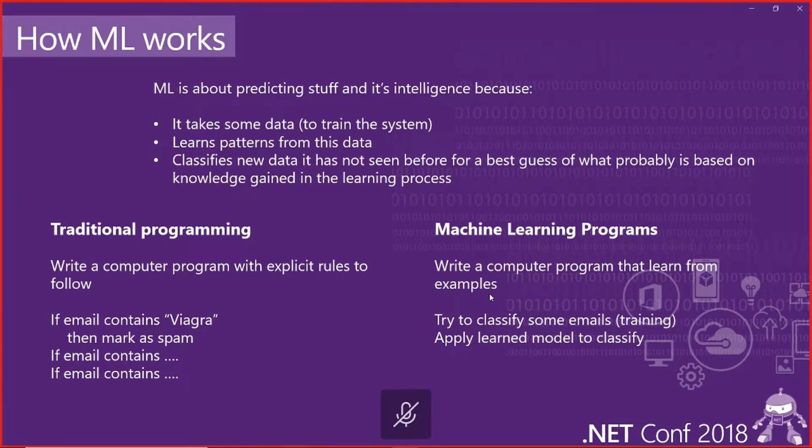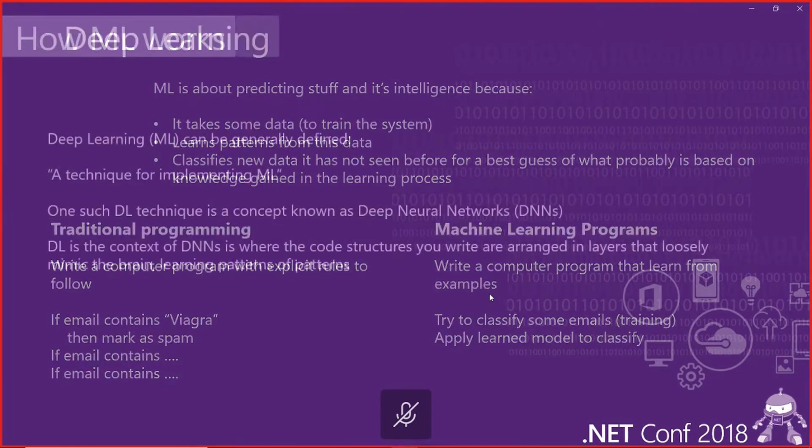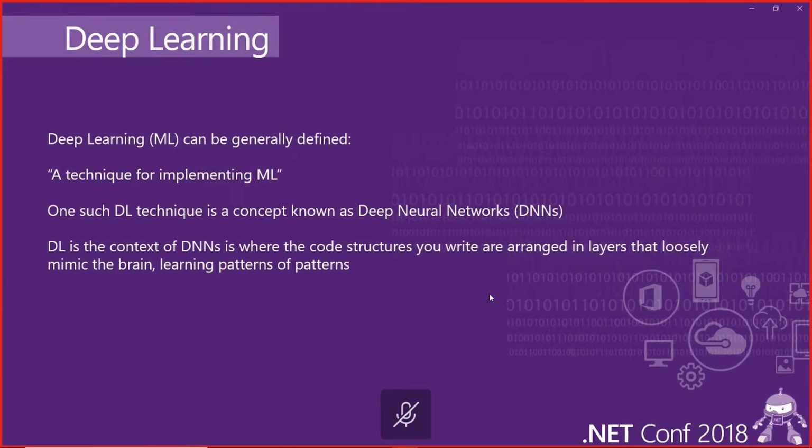With machine learning, we can train a computer, a system, to classify some email, and then this system, once it's trained with a lot of data, is able to apply the learned model and classify the email in this case.